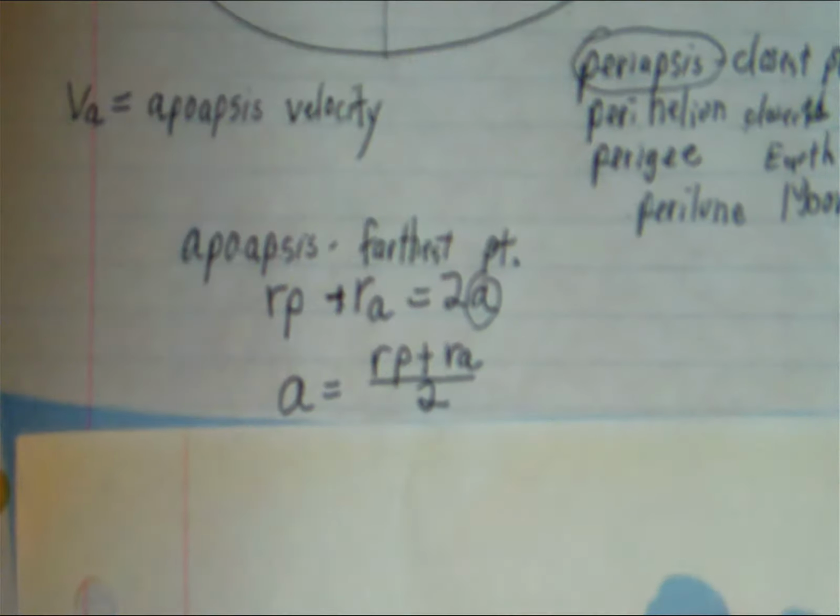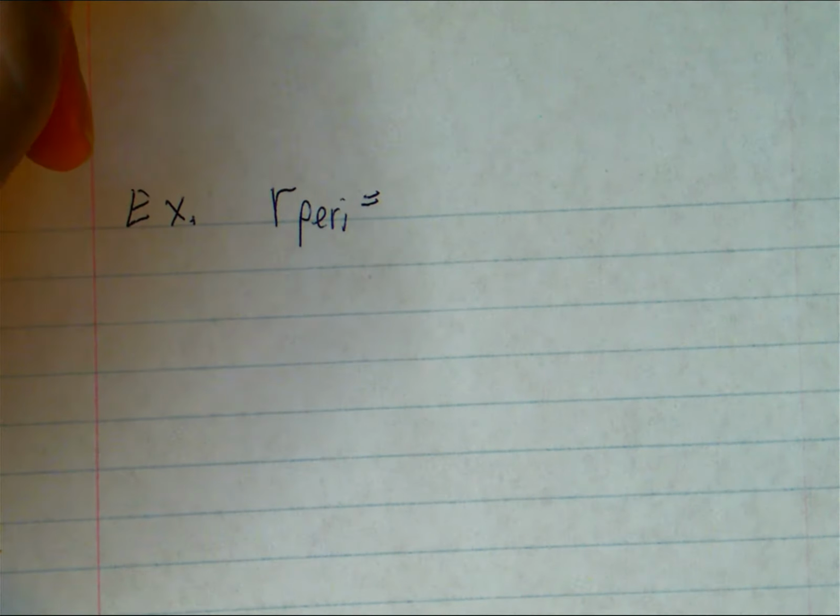So let's do an example of calculating your average speed and average orbital radius. Suppose I'm orbiting the Earth and I am at a closest point to the Earth of, I'll do 10,000 kilometers again, like I did last period.